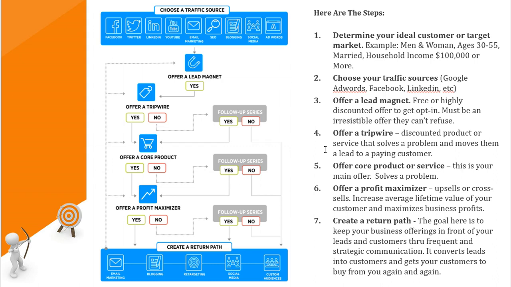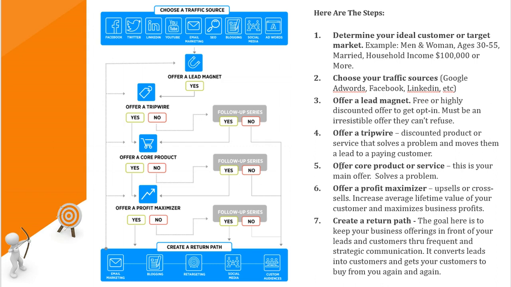Okay, so number 5, the next step in the funnel, if you will, is you offer your core product or service. This is your main offer, and again, it solves a problem for your ideal customer. Now, you want to make sure that you convey the benefits of your service. I call it a unique value proposition.